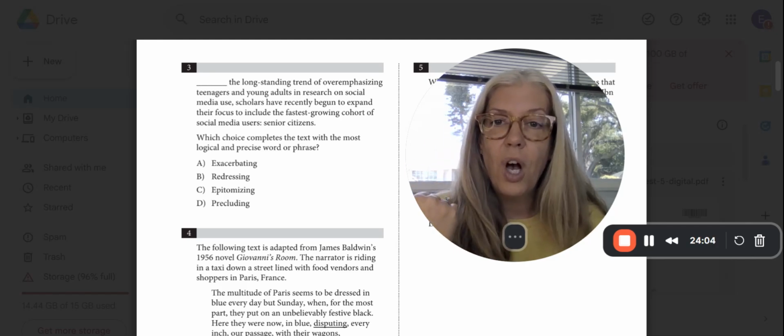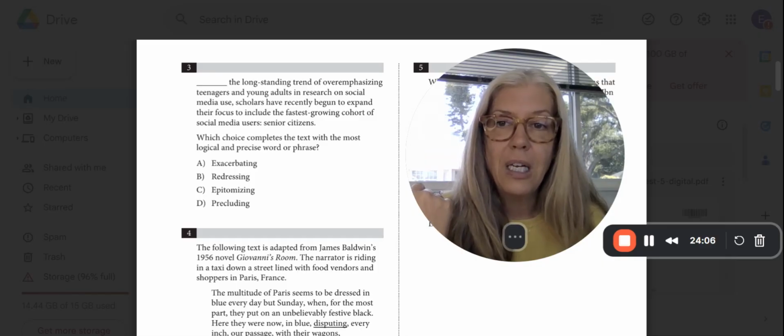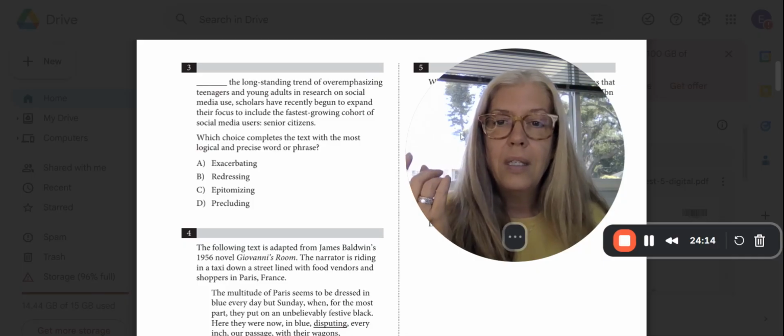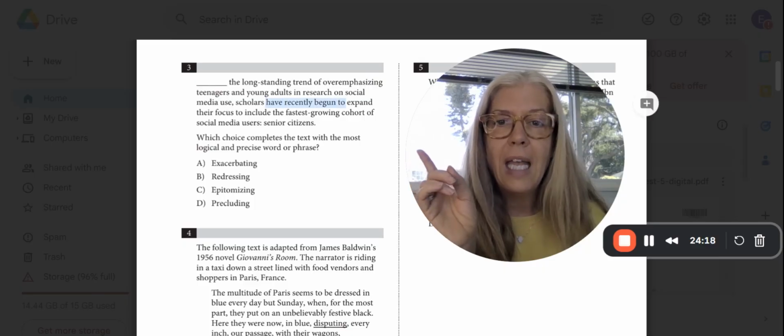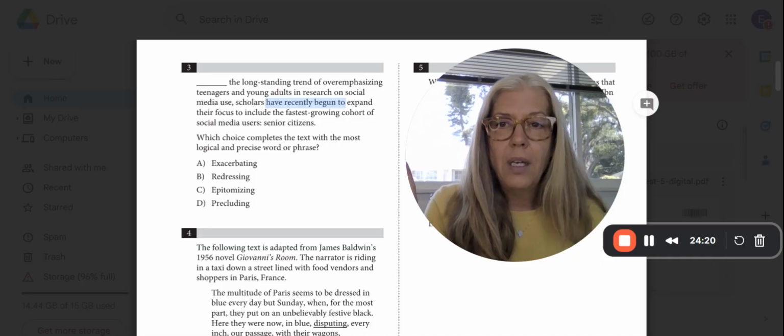Scholars have recently begun. So there's my shift. They used to do something. They used to only look at teenagers and young adults in research on social media use, but now they have expanded their focus to include the fastest growing cohort of social media users, for example, senior citizens.